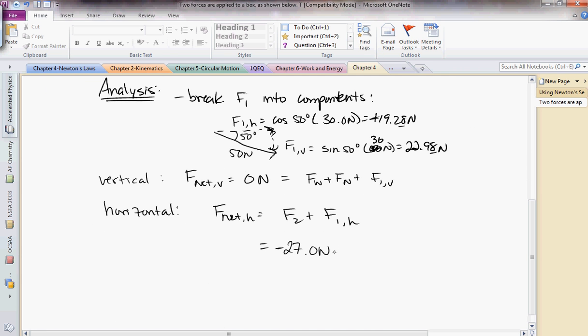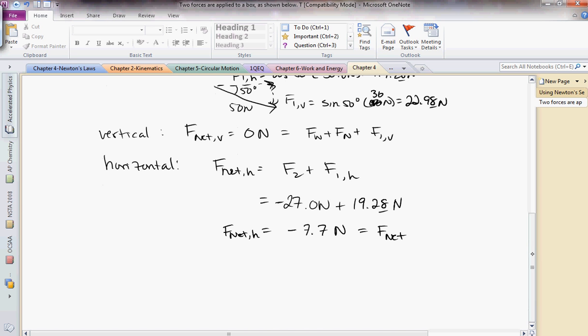So negative 27 newtons plus 19.28 newtons, and what we get is negative 7.7 newtons to the correct number of sig figs. That is our net force in the horizontal direction. Because the vertical net force is 0, we can simply say that is our net force. So it's negative 7.7 newtons to the left.